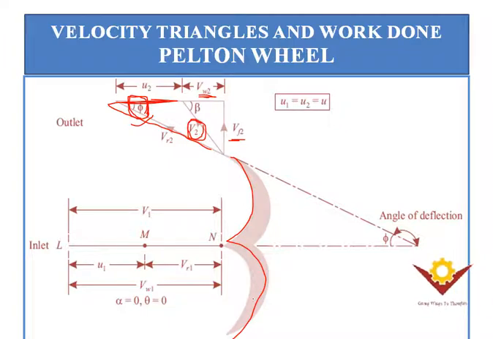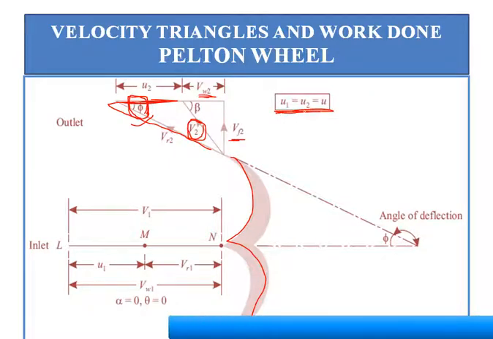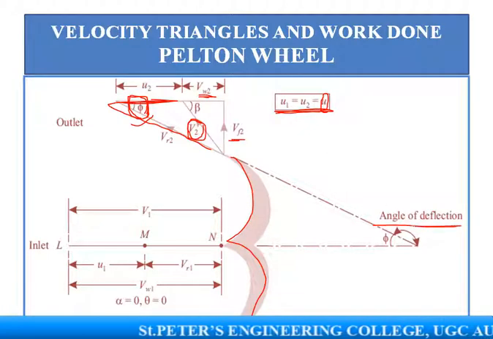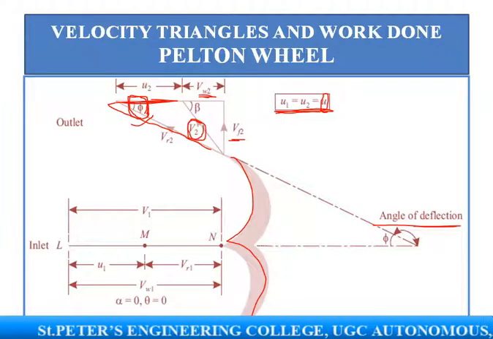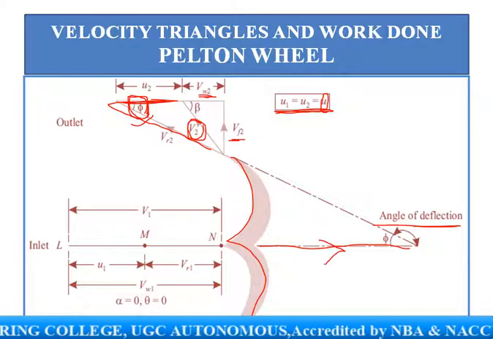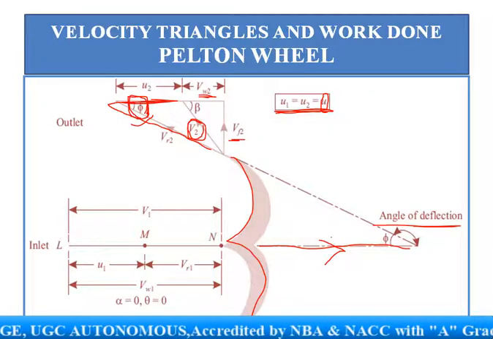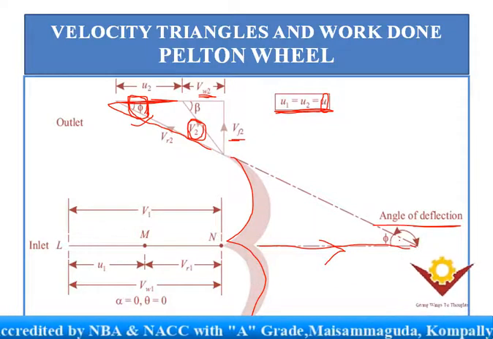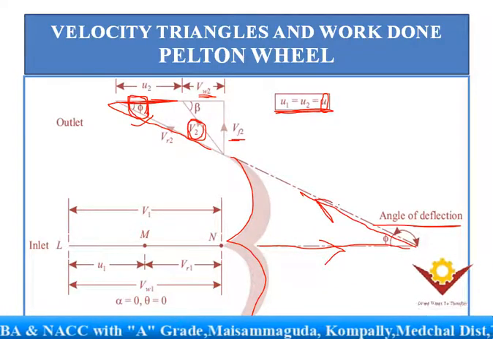When it is frictionless, or when the blade is very smooth, then we can make the blade velocities at inlet and outlet the same, and we can simply write that as U. Next coming here, this is your angle of deflection. Actually, you would want the jet after striking the blade to go in this direction, but because of this curve, it is going in that particular direction, right?